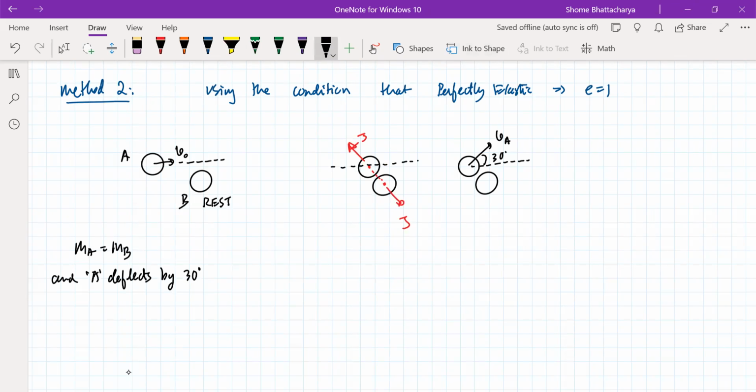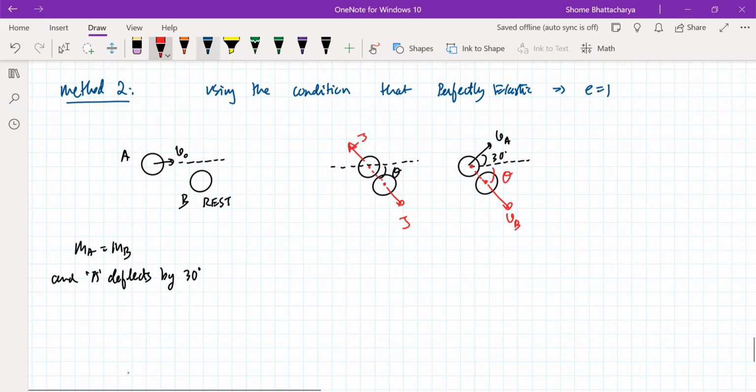So if this angle is theta here, then B's velocity will have to be at that theta only. Only thing is, now I'm not using that theorem, so I don't know theta is equal to 60 degrees.